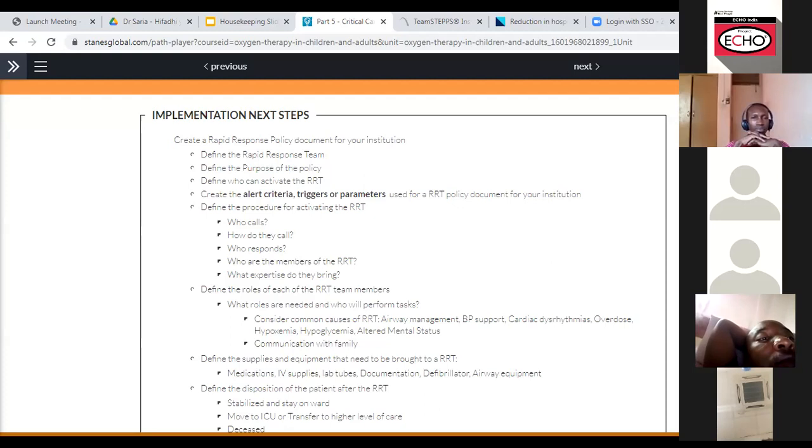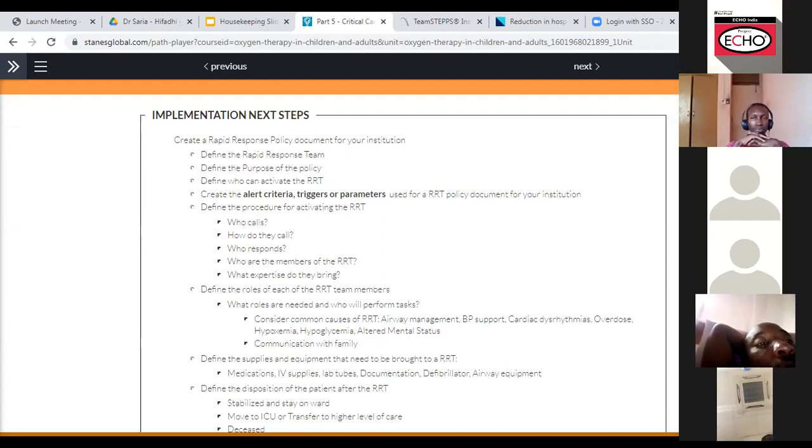So that team should have members with different knowledge and capabilities so that they can rescue patients who have an emergency, so that they do not end up deteriorating because members do not have the capability of providing that care.